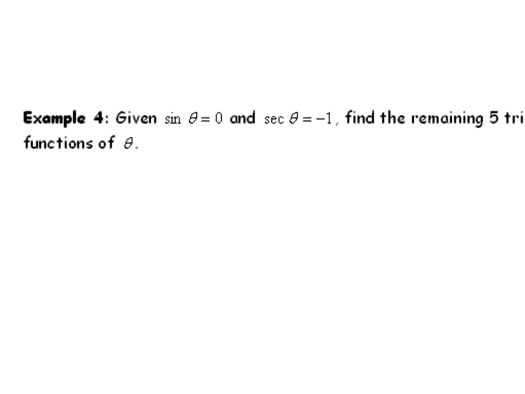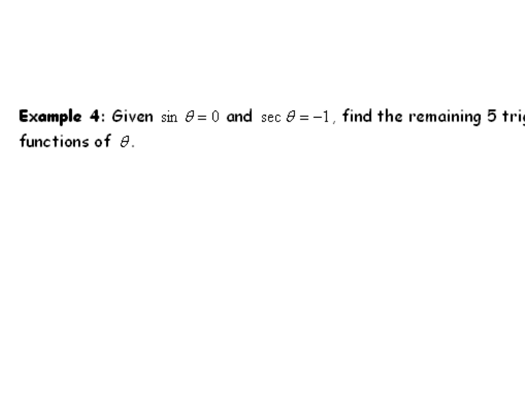So I wanted to throw in a little division by 0 just to remind you of how that worked. So remember, our goal out of the gate is to figure out what x, y, and r are. And they're telling me here that sine of theta is 0, which is like 0 over 1, right?